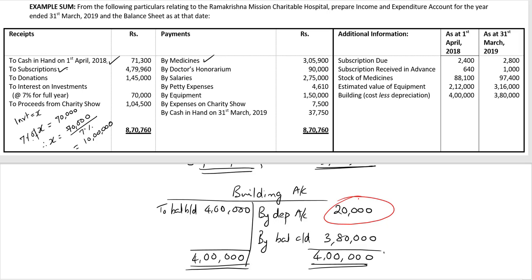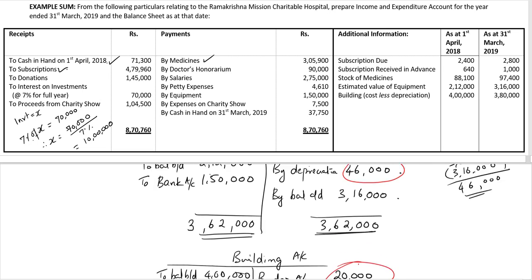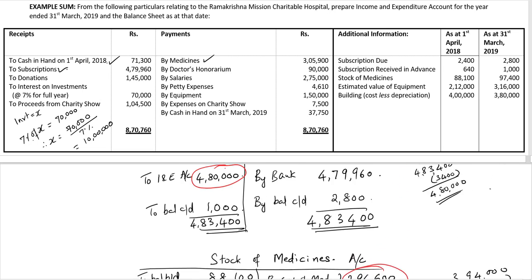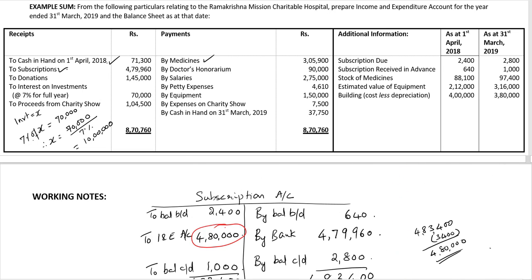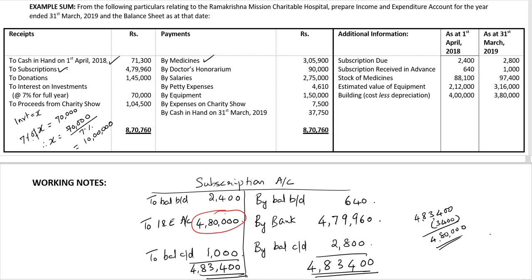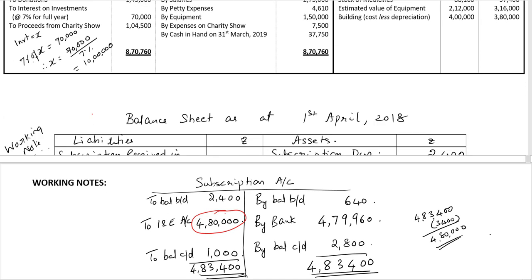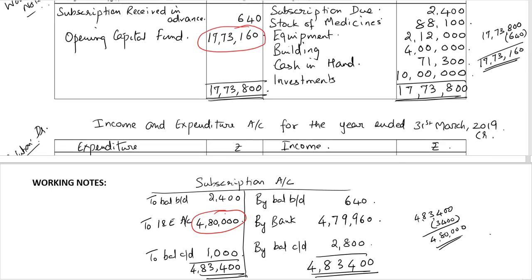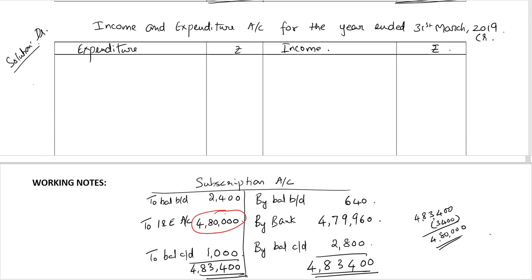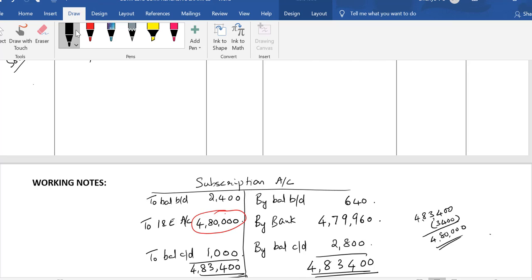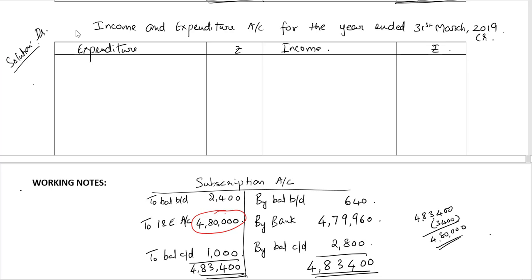So we'll post these items starting from subscription into the income and expenditure account. The first part of the screen is the income and expenditure account, and in the bottom half I have kept the working notes.